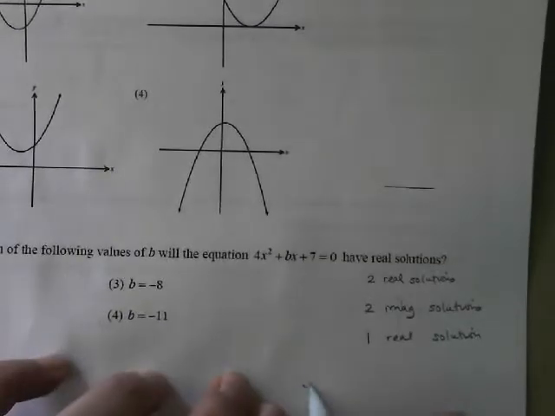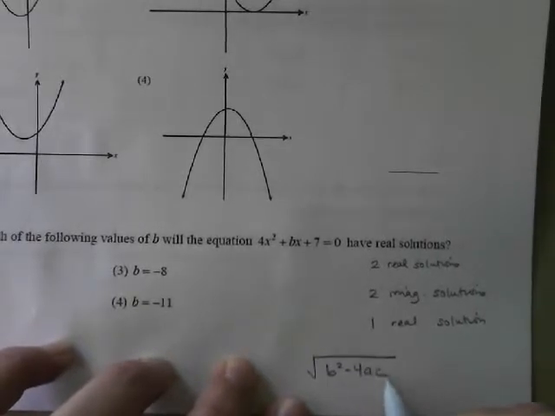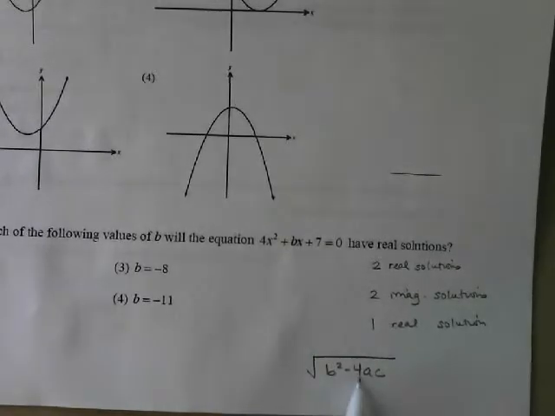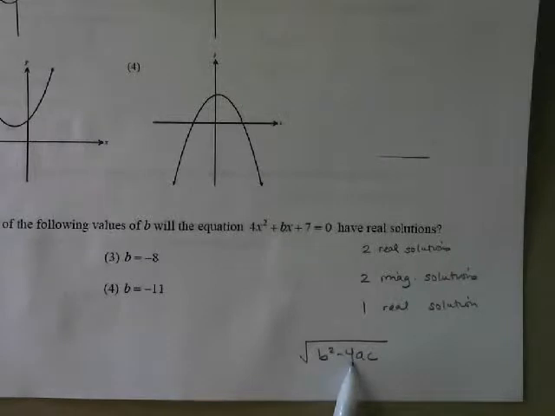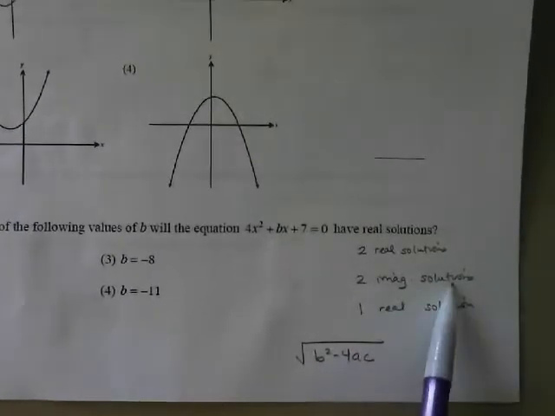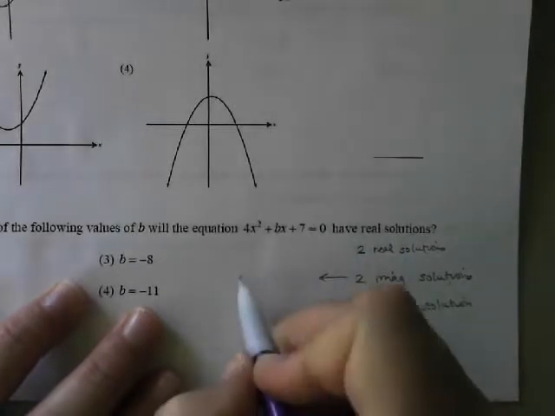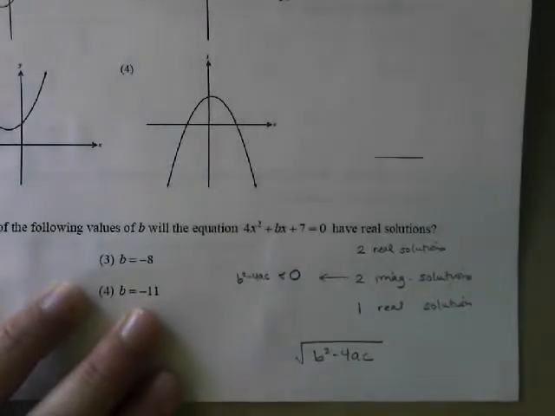So underneath your radical, what you're taking the square root of is b squared minus 4ac. And if b squared minus 4ac is a negative number, then you're going to be taking the square root of a negative number, yes? And you'll get your two imaginary solutions. So the two imaginary solutions come from when b squared minus 4ac is less than 0, aka negative.